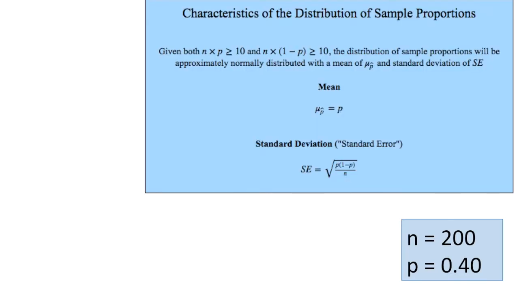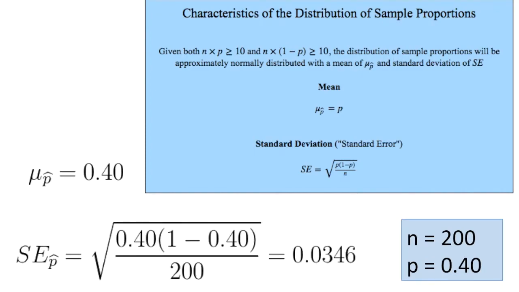From your notes, recall that the mean of the distribution of sample proportions will be equal to the population proportion, in this case 0.40. The standard deviation of the distribution of sample proportions, in other words the standard error, will be equal to the square root of p times 1 minus p divided by n.